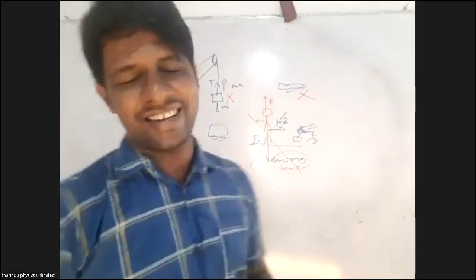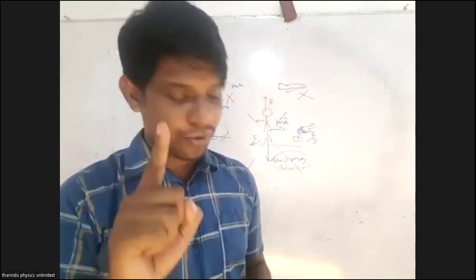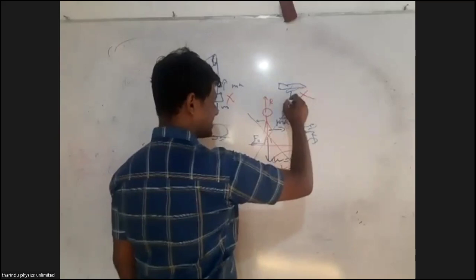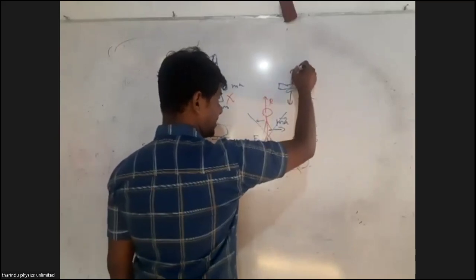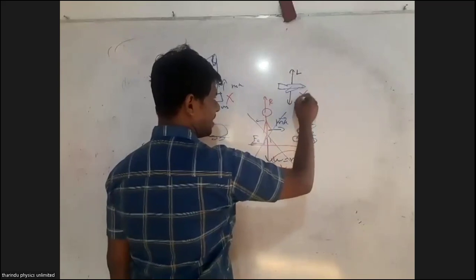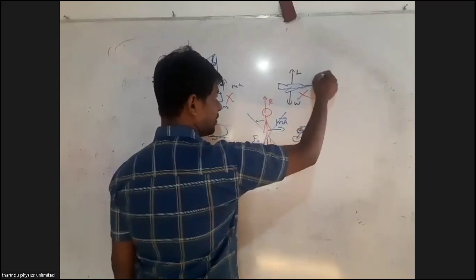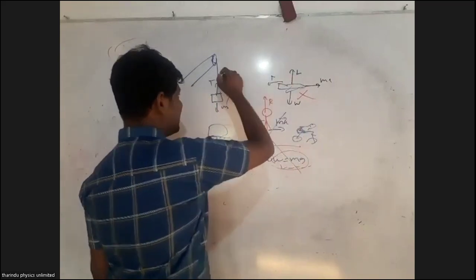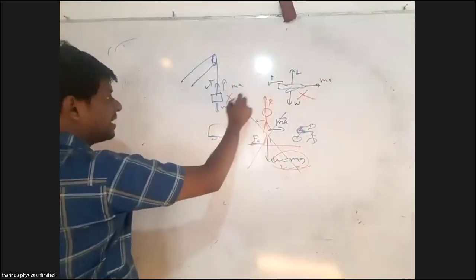Don't you still understand? I told you the only force should be gravity. Here gravity is there, yes. Aerodynamic lift, that lift force is there, and the thrust force, forward force is there, and the air resistance is there. Here tension is there, and the weight is there.